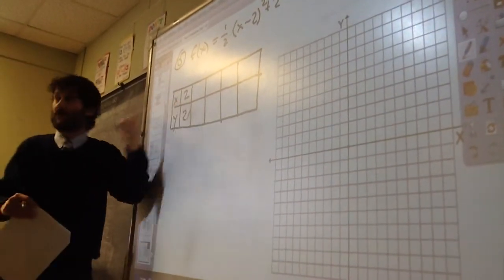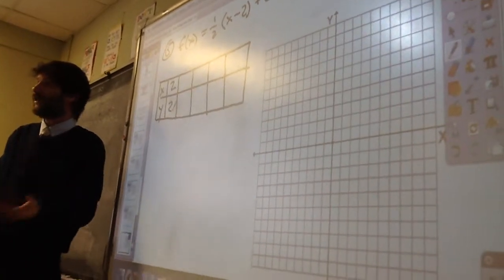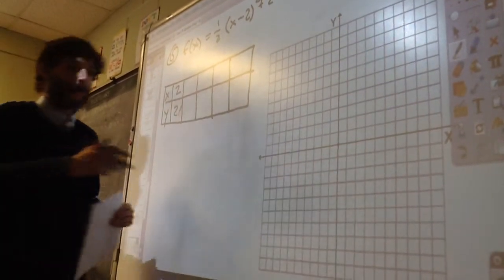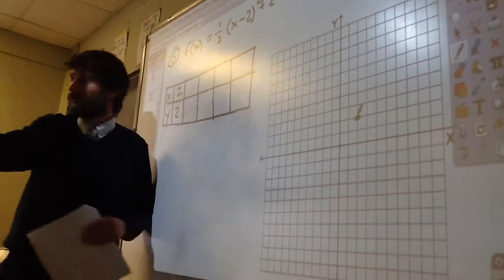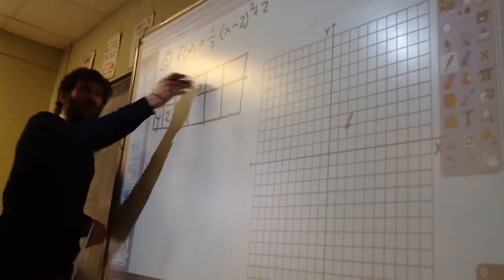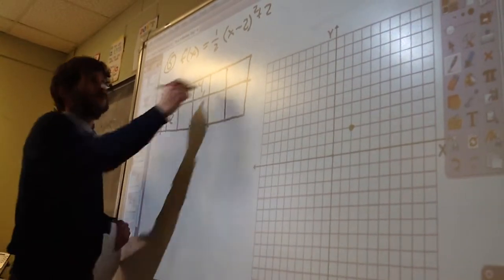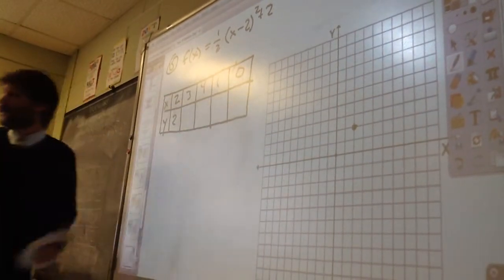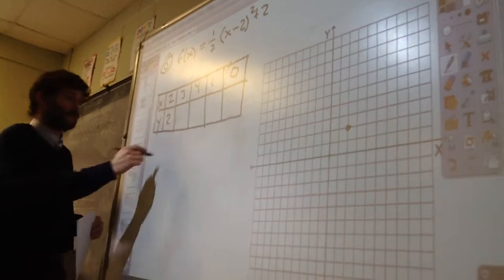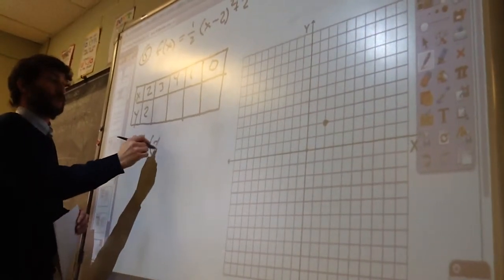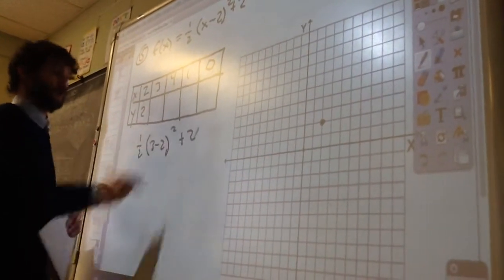Okay, so from here to the end, I do exactly what I did on the last 4 problems. I graph the vertex. I find 2 points to the right and 2 points to the left. So what are the next 2 to the right? 3 and 4. Good, Tasha. And to the left? 1 and 0. Excellent. Then I plug in these numbers and see what I get. So I would have 1/2 (3 minus 2) squared plus 2.